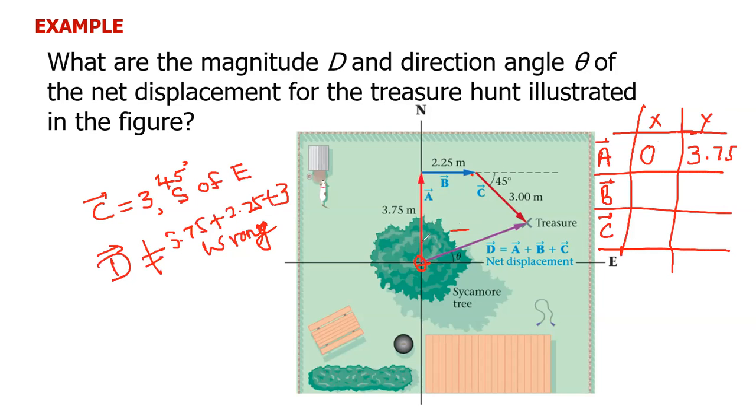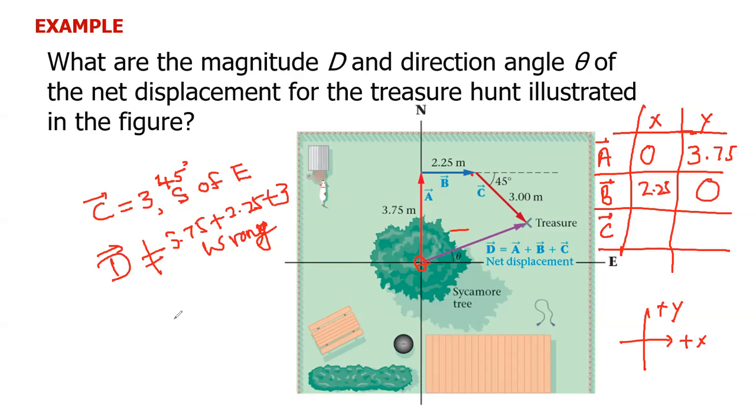It is completely in the y direction. This is my coordinate system. Okay, and for B, the y component I could say is 0. This is 2.25.